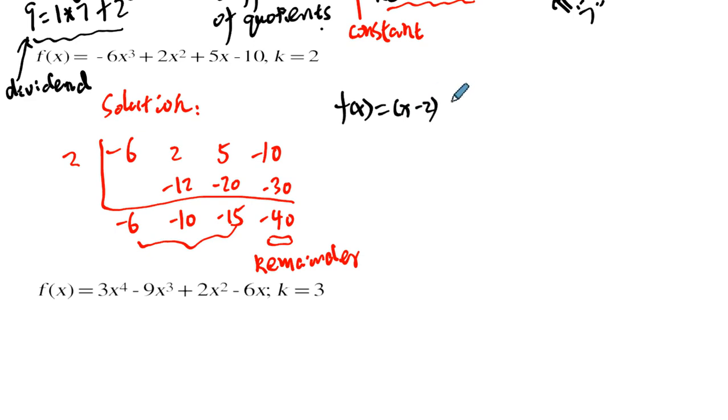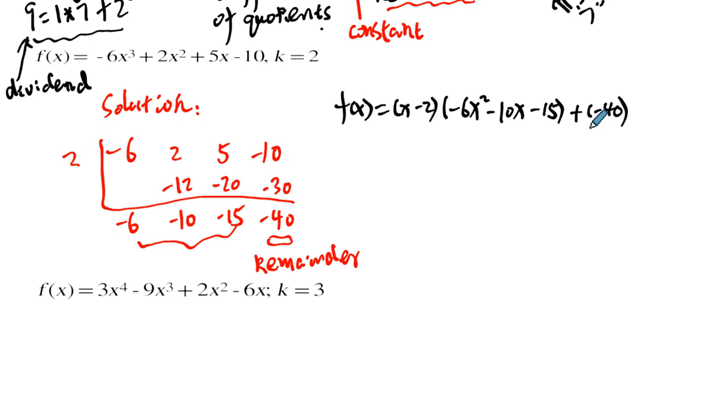And then you have the quotient, negative 6 for the x squared, so you have negative 6x squared minus 10x minus 15. And then plus negative 40. That's actually minus 40. Double check. x minus 2 times negative 6x squared minus 10x minus 15, and then minus 40.